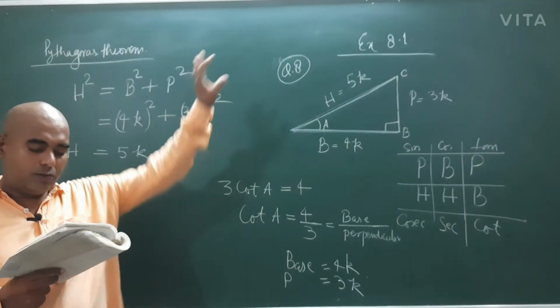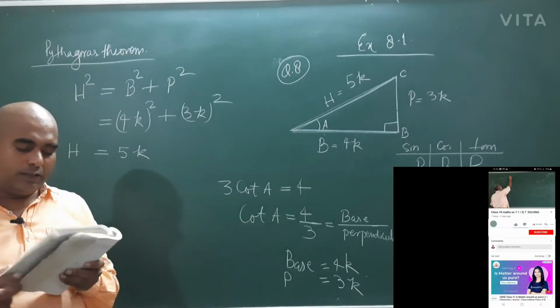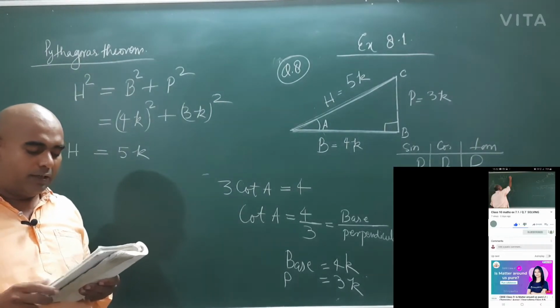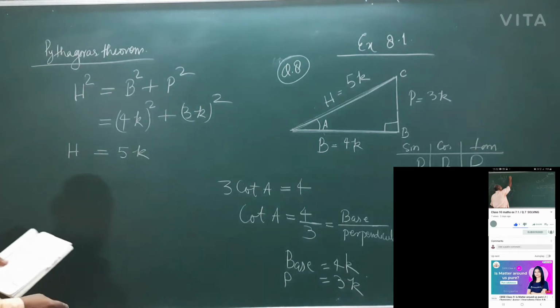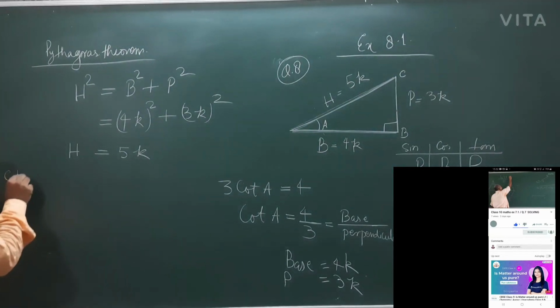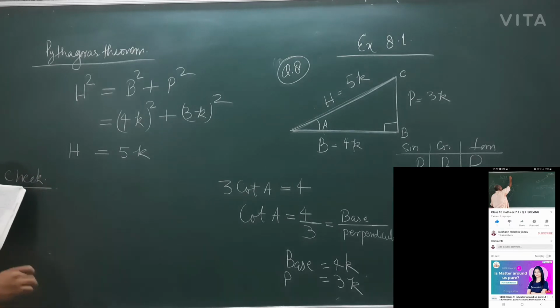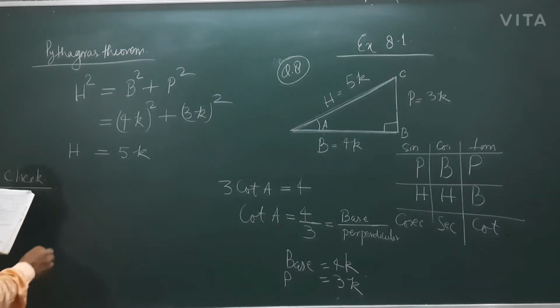Now it is written, check whether 1 minus tan square A upon 1 plus tan square A is equal to cos square A minus sin square A. This is the formula, which will be taught in class 11th.